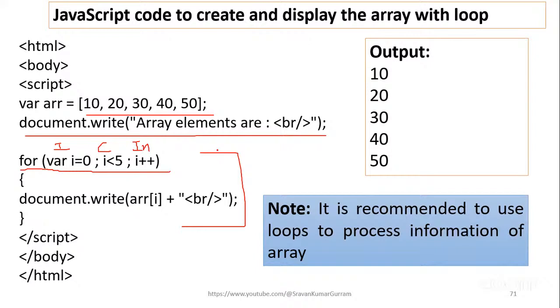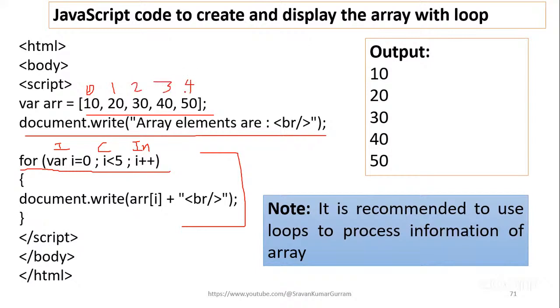For variable i, assign 0, which is the starting index value. i less than 5, where 5 is beyond the last element's index value. You can also write i less than or equal to 4, with indexes 0, 1, 2, 3, 4.